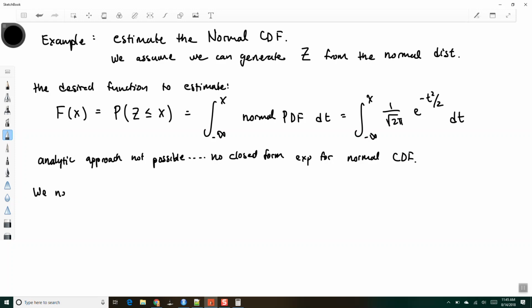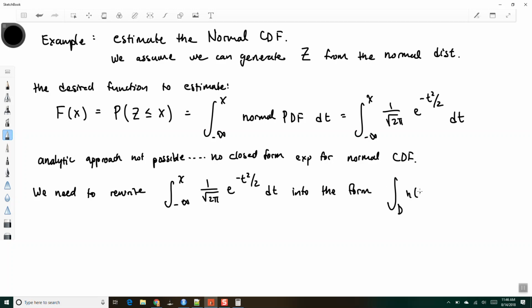Okay, so we need to rewrite the integral from negative infinity to x of 1 over root 2 pi e to the negative t squared over 2 dt into the form integral over some domain of h of x times f of x dx, where f of x is a PDF, and h of x is some function.